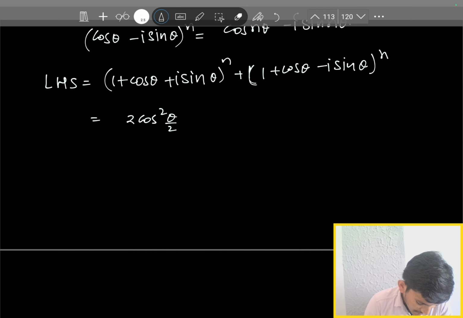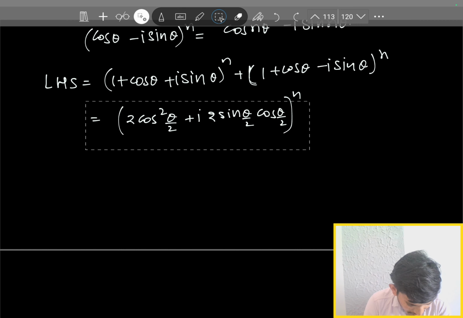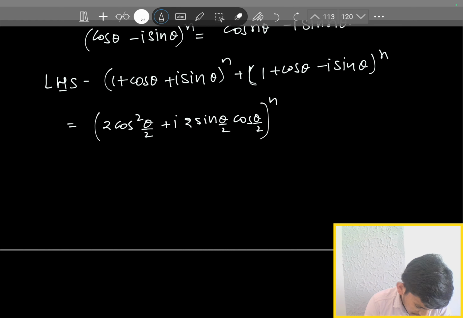Solving this left hand side, 1 plus cos theta is nothing but, as I have just written, 2 times cos square theta by 2, plus i times sin theta, which is 2 times sin theta by 2 and cos theta by 2, whole power n.